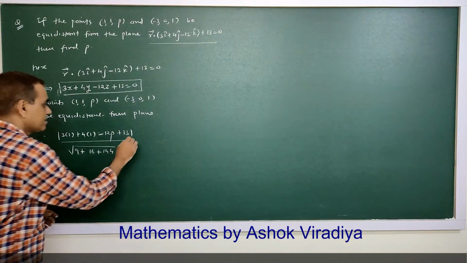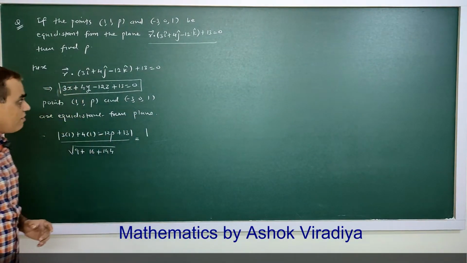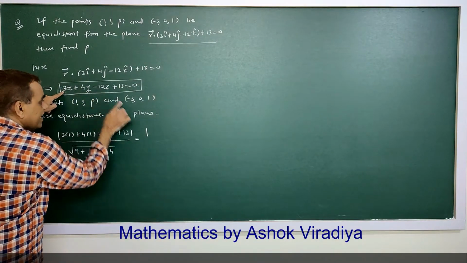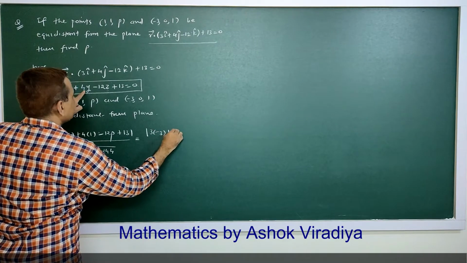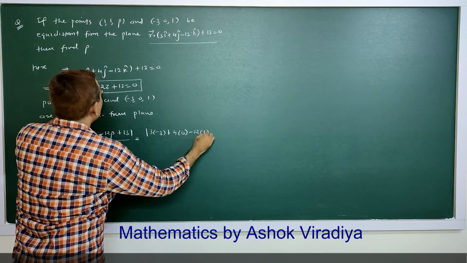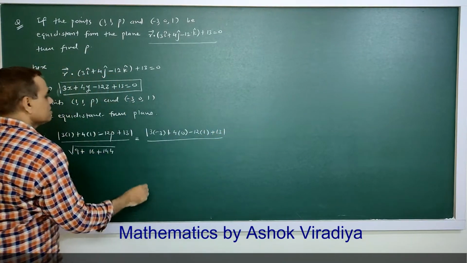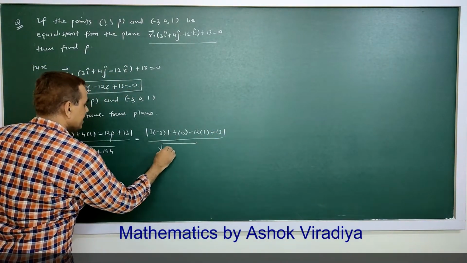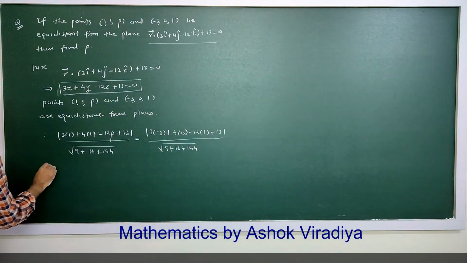On the other side, the distance from the other point: similarly modulus of, we replace x, y, z by these three numbers. So 3 into minus 3 plus 4 into 0 minus 12 into 1 plus 13 upon square root of, the plane is the same, so 9 plus 16 plus 144.